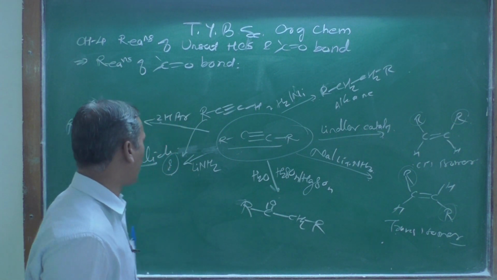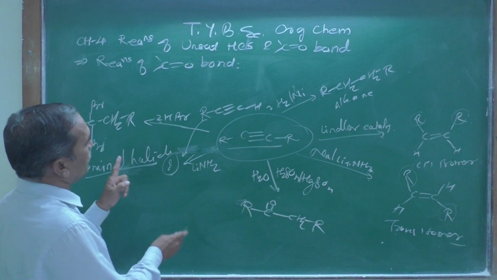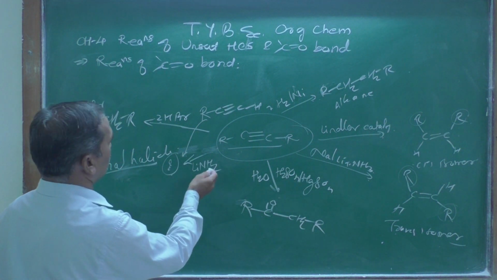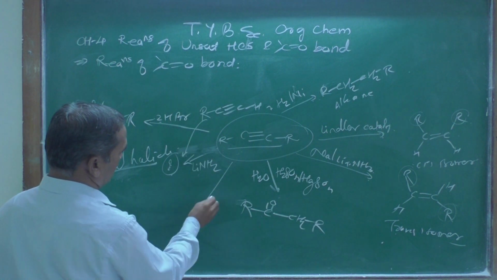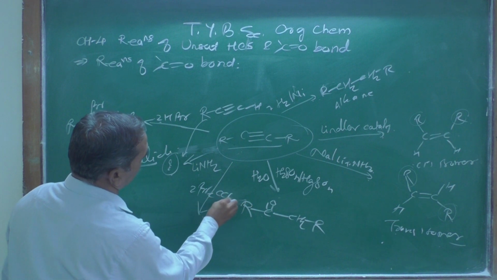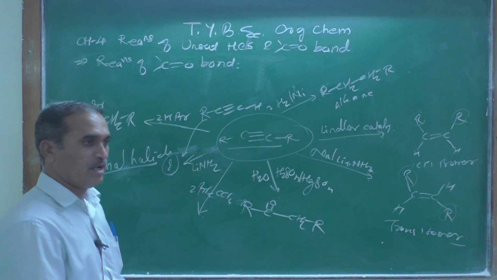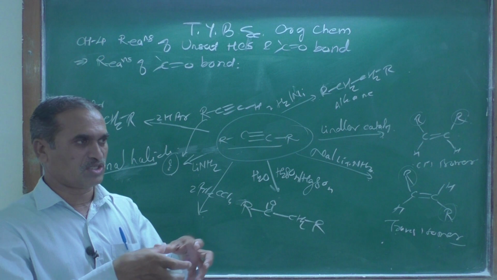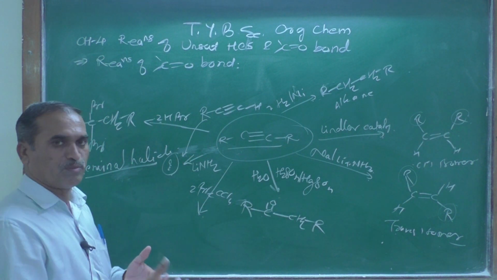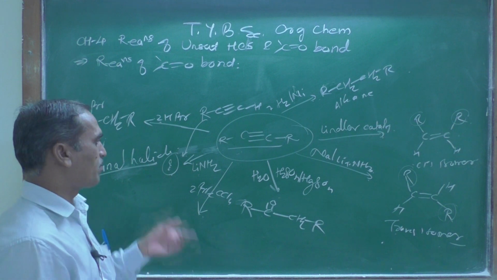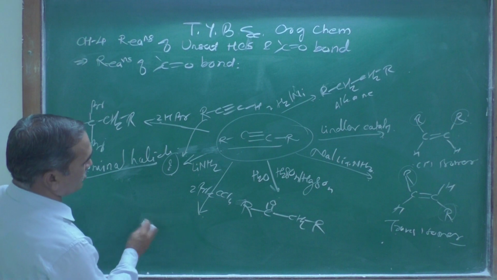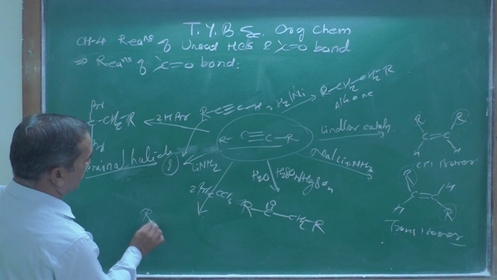And vicinal, when you treat this compound, suppose it is treated with two equivalents of Br2 in presence of CCl4, carbon tetrachloride, then just by mixing these two, the substrate and the reagent, the brown color of bromine disappears, meaning there is a decolorization, and the resulting compound will be formed like this.